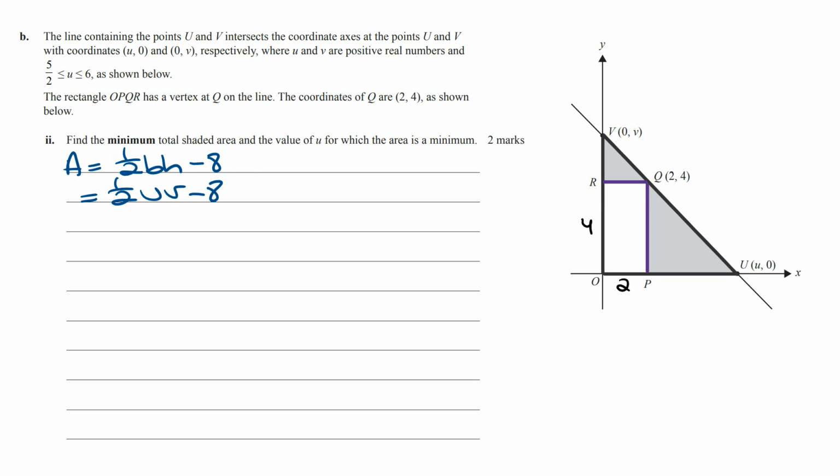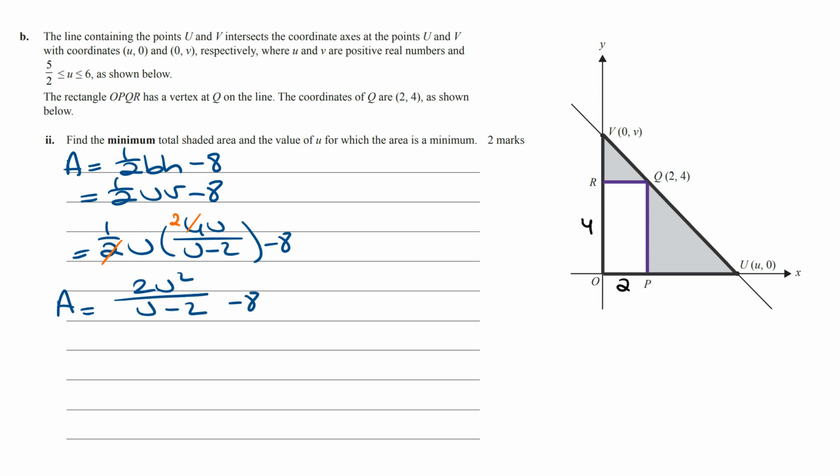From the previous part of this question, we worked out v in terms of u, and so subbing this in, this is the same as a half times u times 4u over u minus 2, and then minus 8. The 4 and the 2 will cancel out, and so we can write the area in terms of u as 2u squared over u minus 2, minus 8.